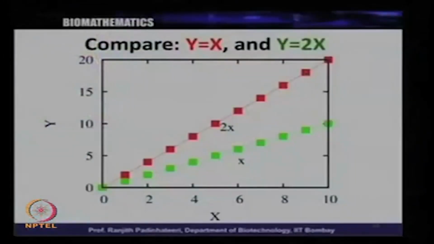So right now we understood that y equal to x is a straight line, and y equal to 2x is also a straight line. In general, if you plot y equal to 3x, it will be another straight line, and y equal to 4x is another straight line. So y equal to any constant times x is a straight line, and all of them will pass through 0.